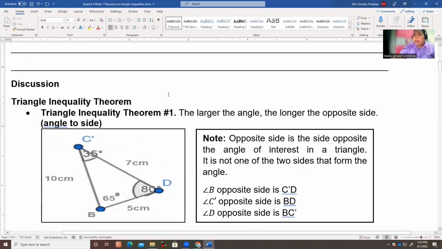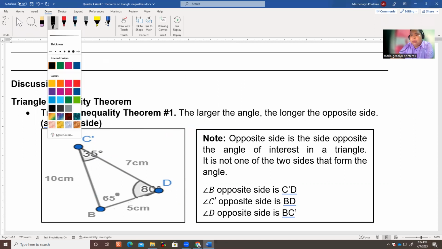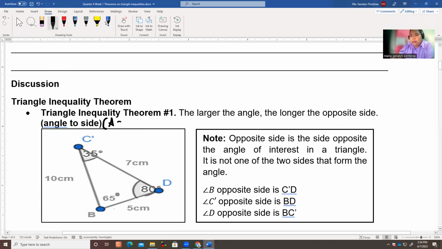So, triangle inequality number one: the larger the angle, the longer the opposite side. That is angle to side. In some books, you will see it written as angle going to side.